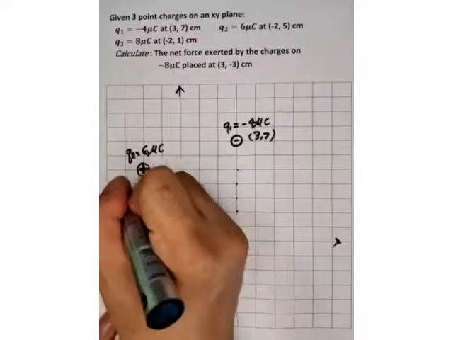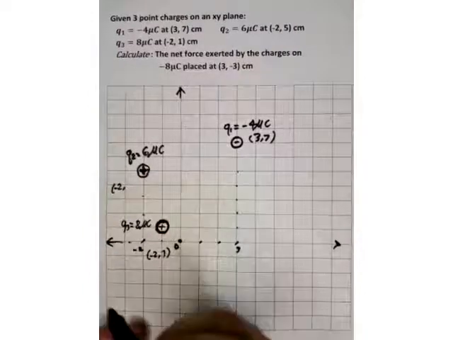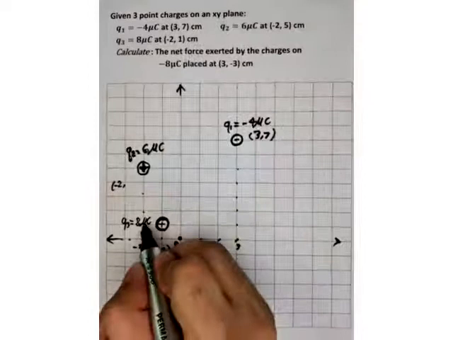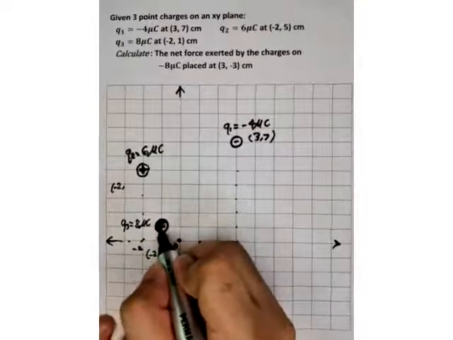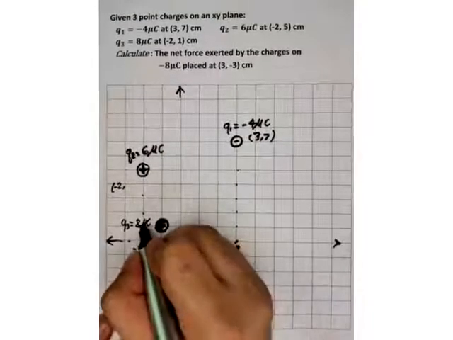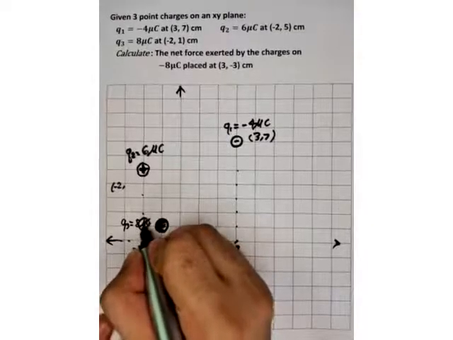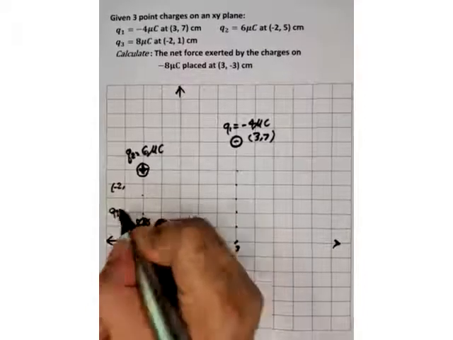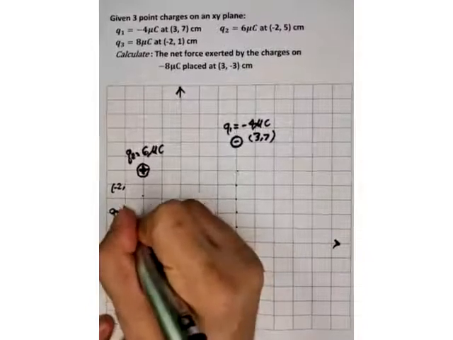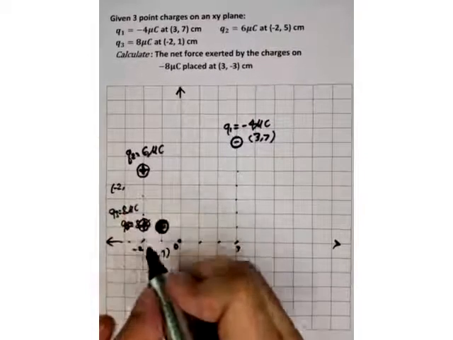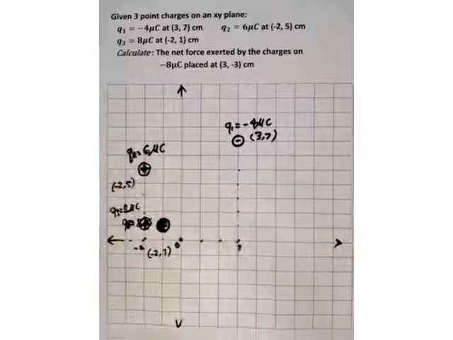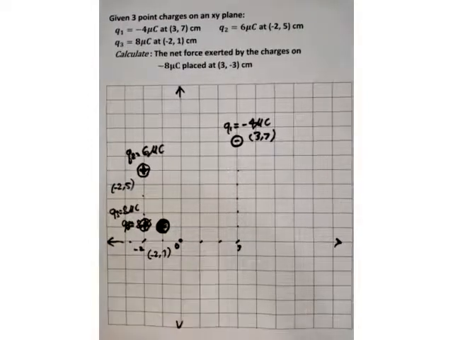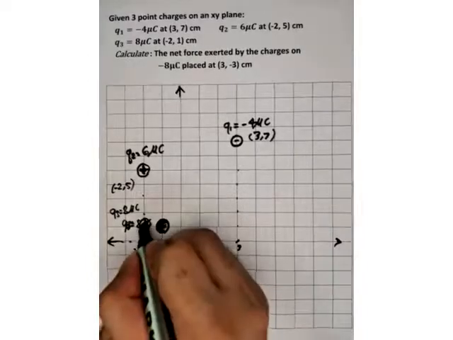Yung Q2 natin ay negative 2, parang mali yata ako. Sorry, nandito pala siya, negative 2, 1. Nandito yung ating Q3, 8 microcoulomb, na may coordinates na negative 2, 1. At yung Q2 natin ay negative 2, 5. Mali ako doon, sorry.